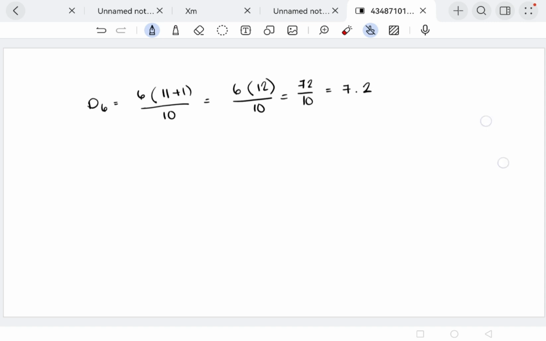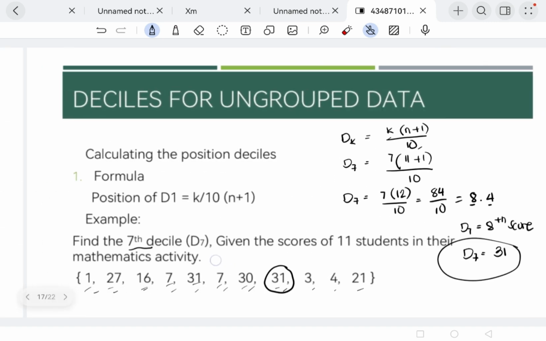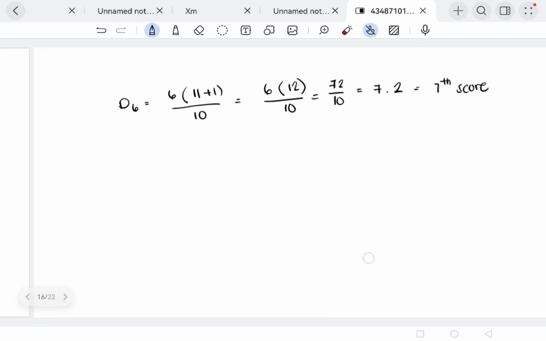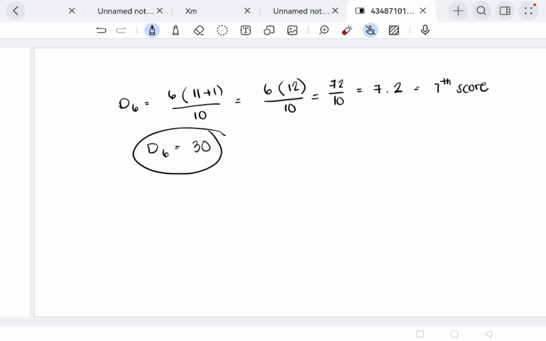So our final answer is the 7th score. So our 7th score in our distribution, that is 1, 2, 3, 4, 5, 6, 7. So our 7th score is 30. So that is our decile 6, that is 30. So that is how we solve for our decile.